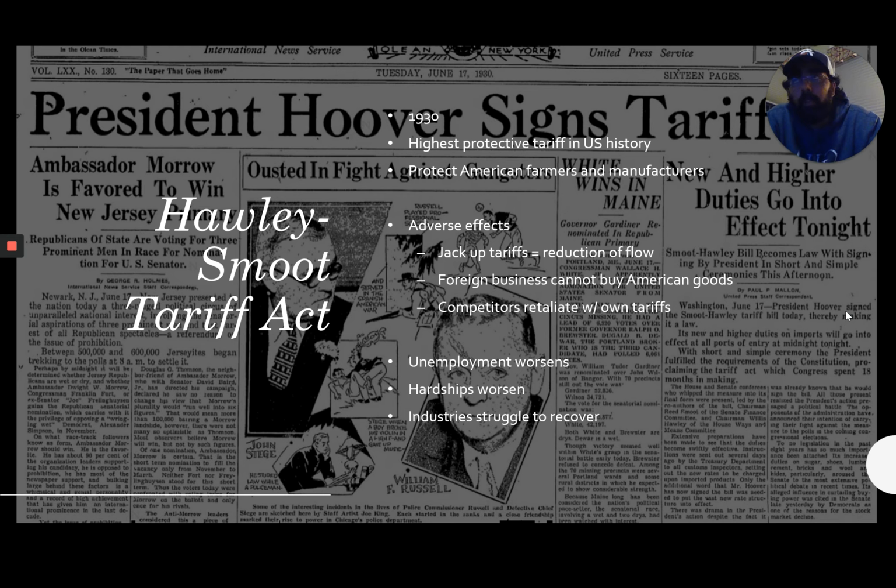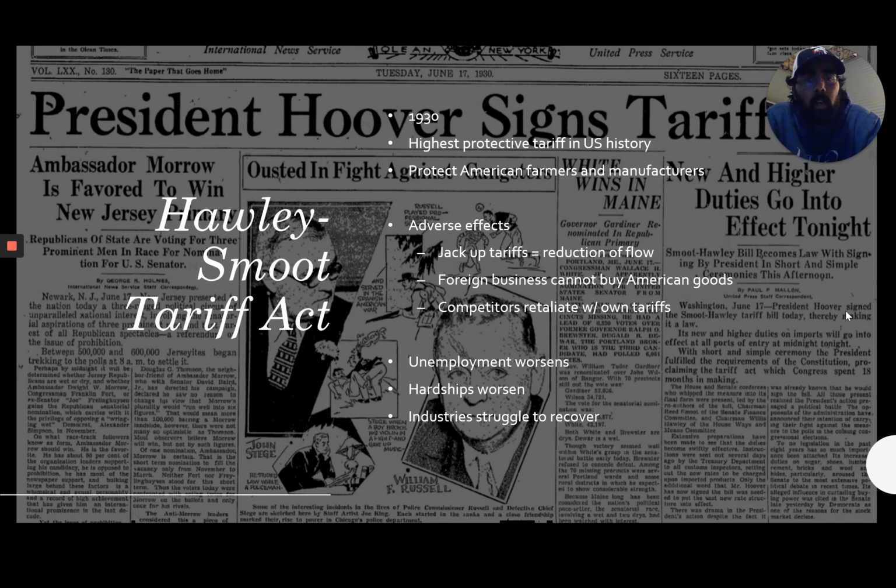Or if France can't sell their products, they can't be paid with American currency to use to buy American goods. And so competitors will then retaliate with their own tariffs. And now we have a tariff war, and instead of helping out business, exports and imports go down significantly.